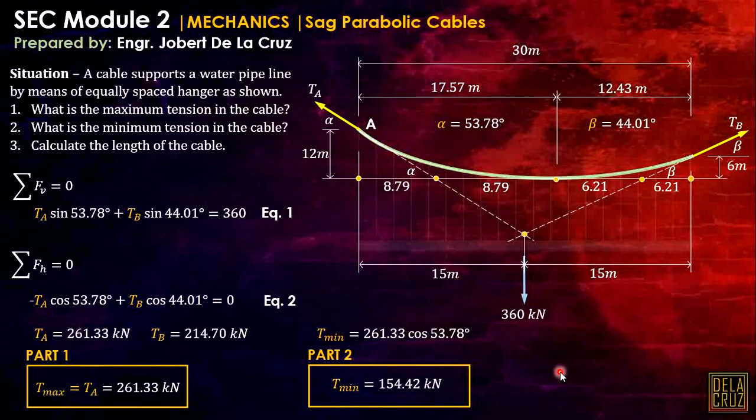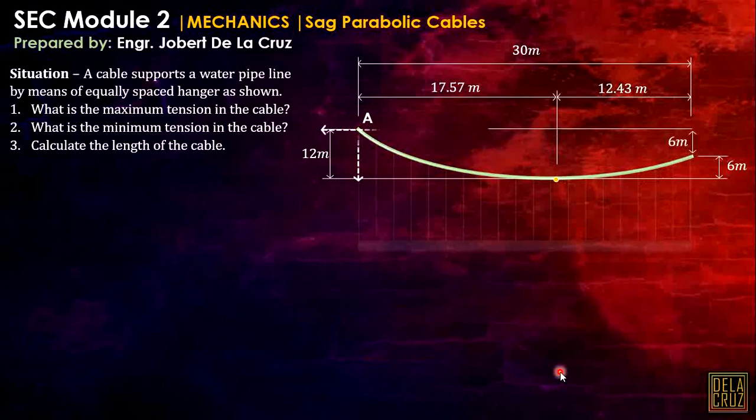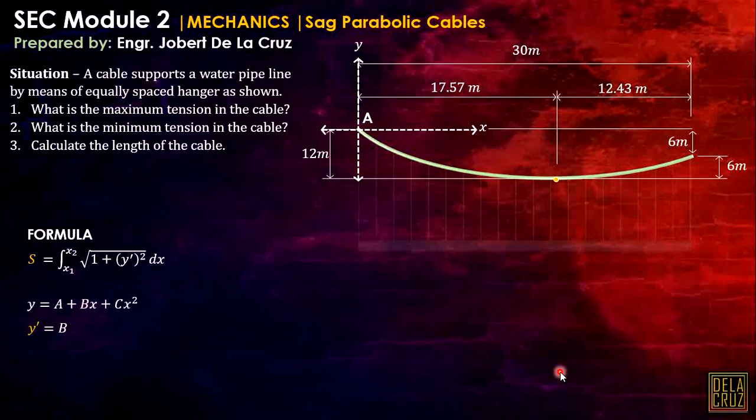Now, calculate the length of the cable. We already derived this earlier. What do we do? Let's assume that this is our reference point or axis. Using the formula, we need to calculate the B and C here by mode 3-3 in the calculator. So, X, Y. We need 3 points.